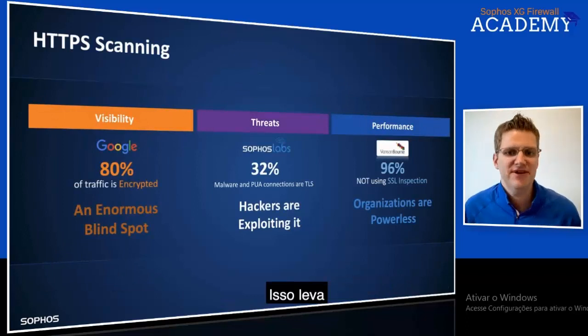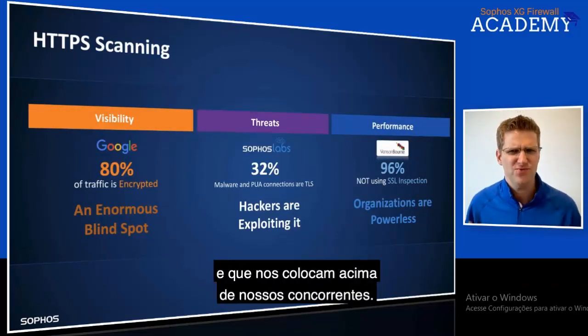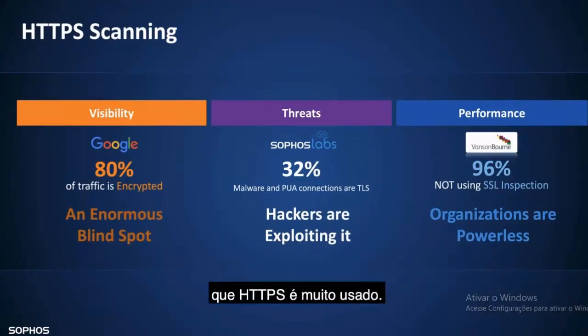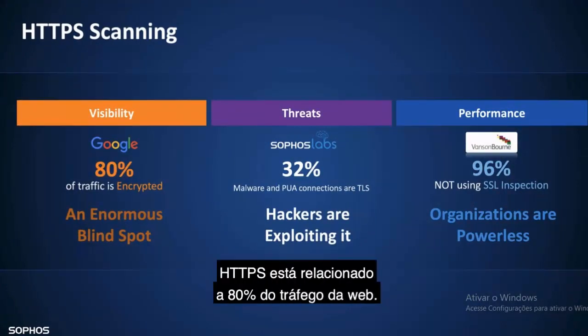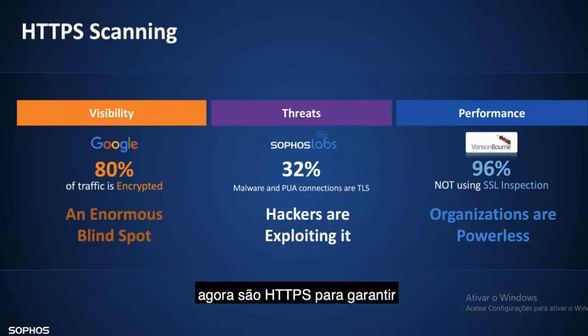Now, this leads me on very nicely to some other great benefits of the XG firewall and what really brings us above our competitors. Now, HTTPS scanning, as I'm sure you're aware, HTTPS is used very heavily. HTTPS relates to 80% of web traffic. Sites that you are accessing, such as banking sites, webmail sites, news sites, they're all now HTTPS to ensure that that traffic is secured.